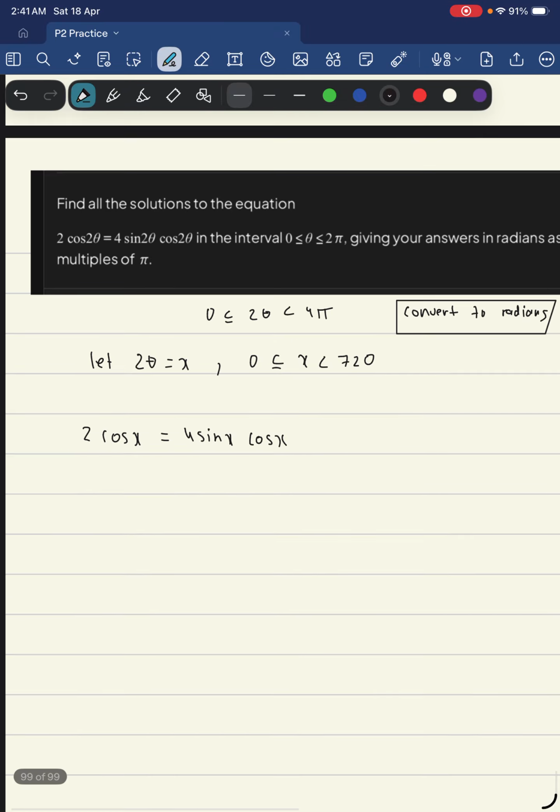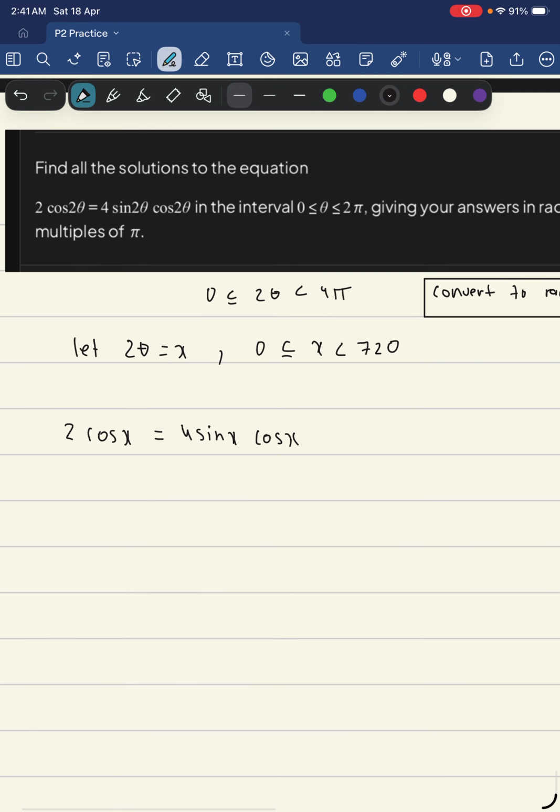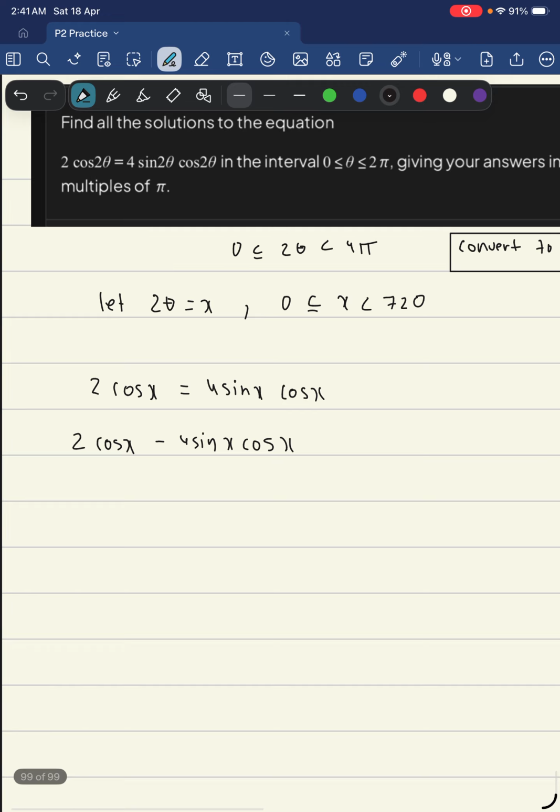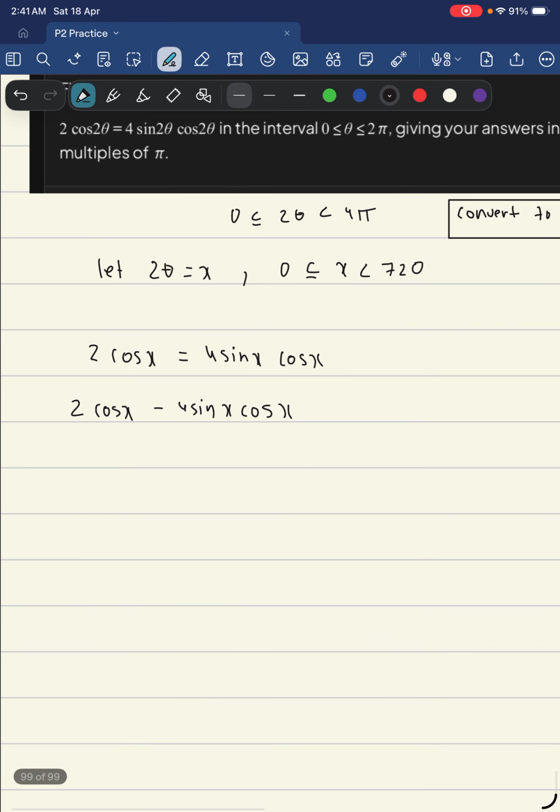So what I'm going to do is bring this to this side. So 2 cos x minus 4 sine x cos x. Remember, this 4 is shared between the sine x and the cos x. So we can take cos x in common: cos x times (2 minus 4 sine x).